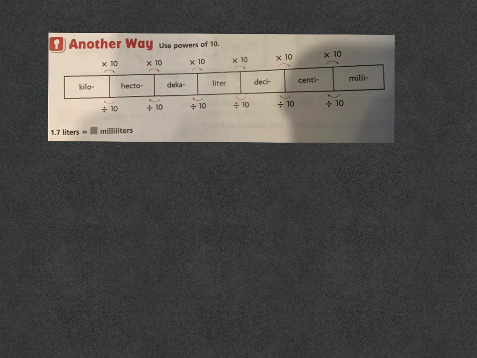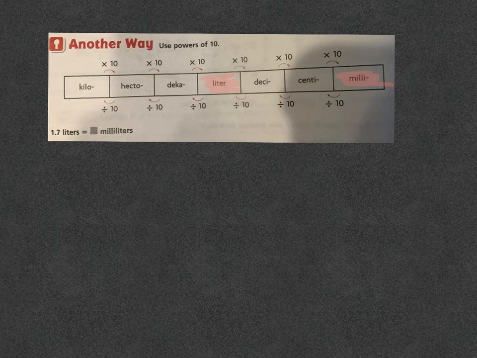So what I would do is I would find liters, there they are, and milliliters on the chart, right? And that means to get from liters to milliliters, I need to go that direction. And you notice all these arrows in that direction are multiplied by 10.